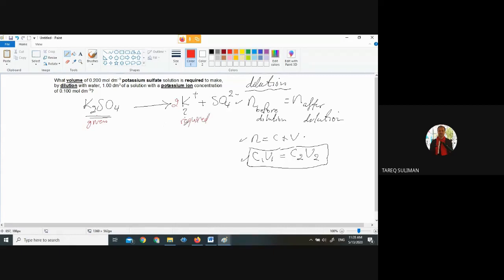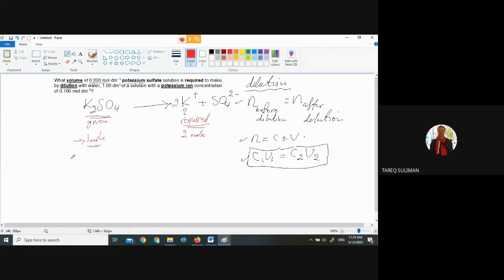So one of the steps is to use the stoichiometric ratio. Every 1 mole of K2SO4 gives 2 moles of K plus. Clear? The given is in concentration. We have the concentration of potassium sulfate.